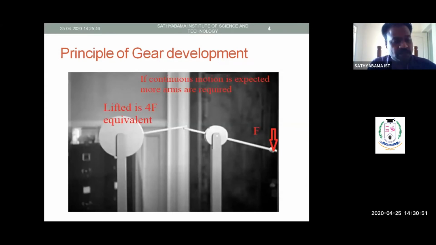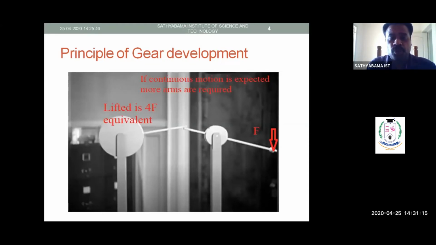Another example, all the pictures I am showing you to have interest on how the gears are manufactured, what is the research behind it. This is called the principle of gear development. Here, you are seeing two discs, right? One is the larger one of 4F capacity and another one small disc.